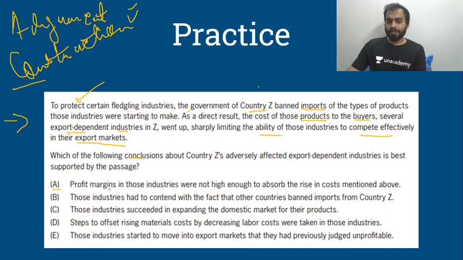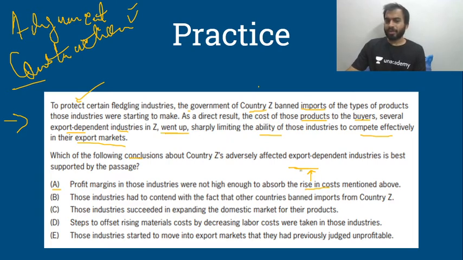Option A, profit margins in those industries were not high enough to absorb the rise in cost. What is this saying? Our cost has gone up, because now instead of sourcing from export markets, we have to necessarily buy from domestic producers. Those domestic producers have raised the cost, right? Because it is written here, as a direct result the cost of those products to the buyers, several export dependent industries in Z, went up.